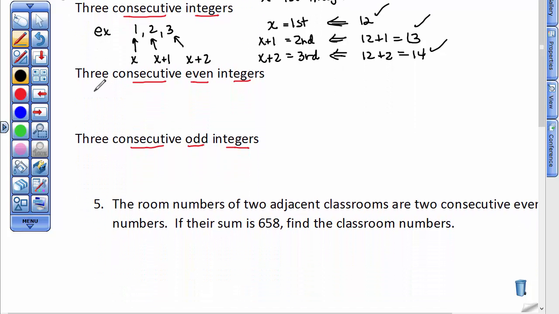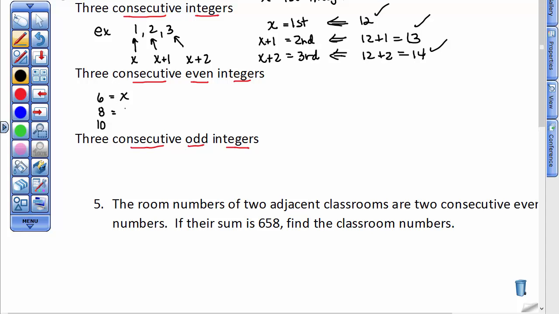Okay, let's list an example of 3 consecutive even integers. Let's just give them an illustration. Let's use the numbers 6, 8, and 10. But let's let the number 6 be the first integer, and we'll represent that by the letter x. Well, how much more is this one than that one? Isn't that 2 more than that one?